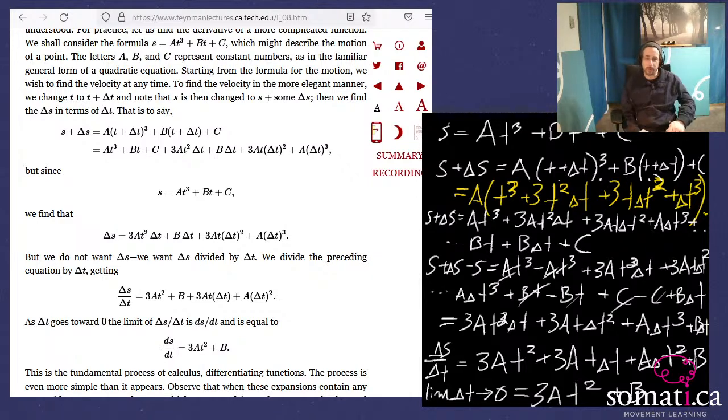Okay, yeah, so you can just plow through it. That's the hard way. Or you could just use 3AT.